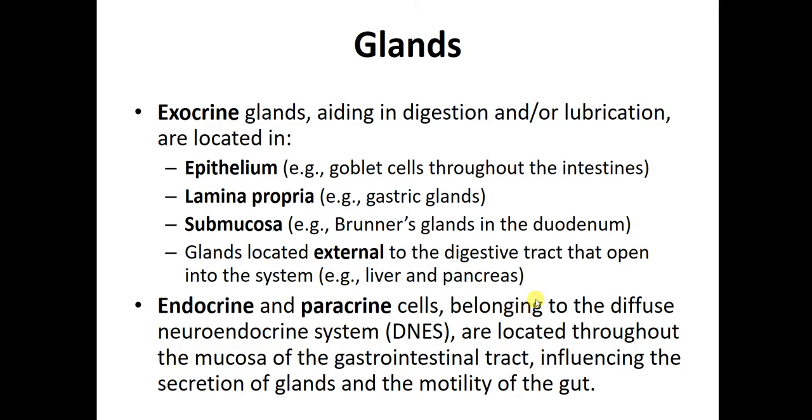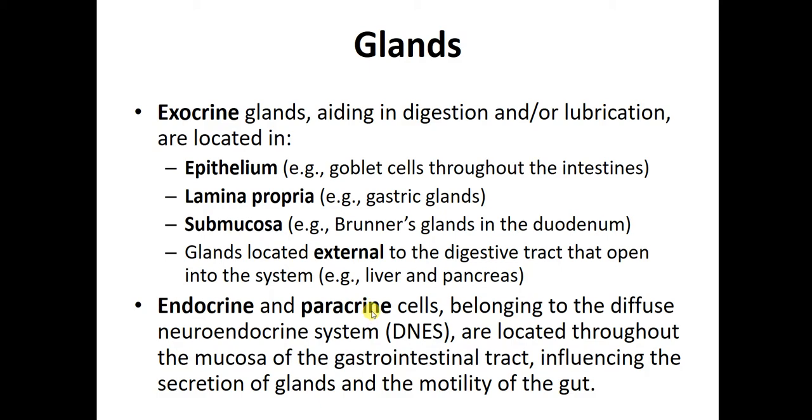Okay. But these endocrine cells which are present in the digestive tract cannot be claimed as a distinct organ. They belong to the diffuse neuroendocrine system. It's spread out along the gastrointestinal tract, and it is first of all responsible for controlling the secretion of glands.